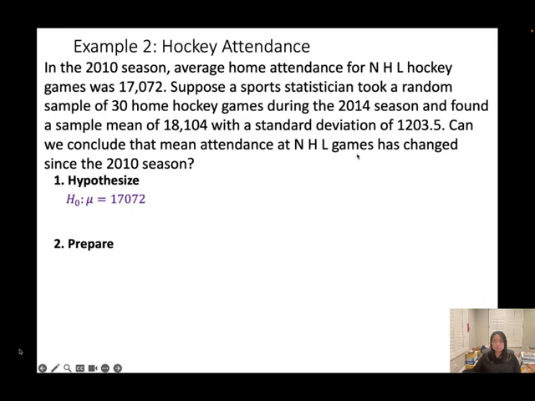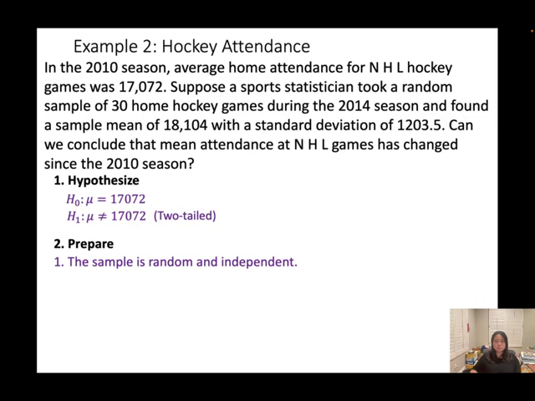They want to see if it has changed, right? Change. So that would be not equal to, so we have a two-tail test. And then we're going to check the two conditions. First, random and independent. Second, large sample size, right? n is equal to 30.